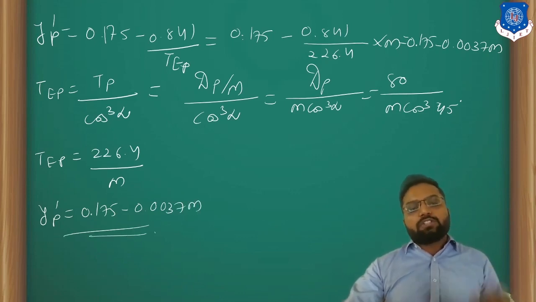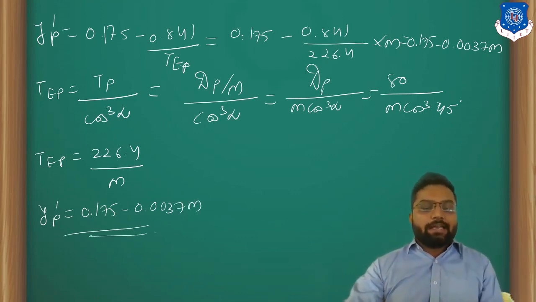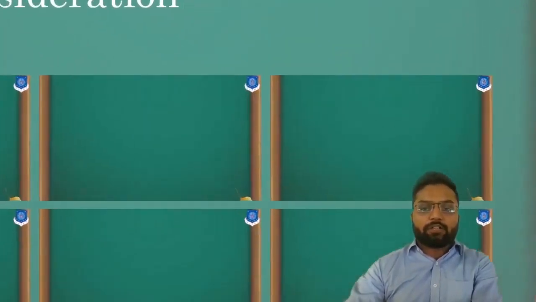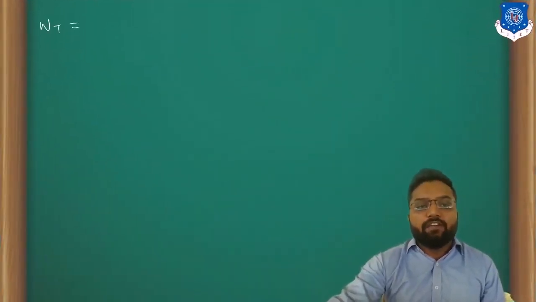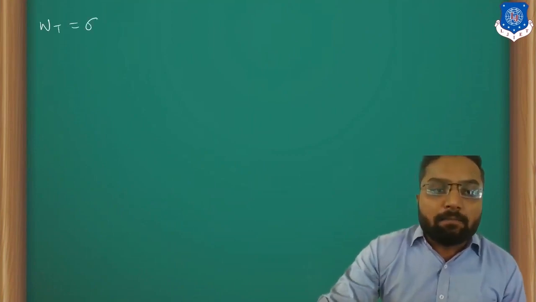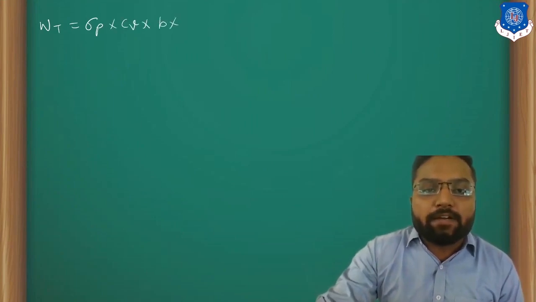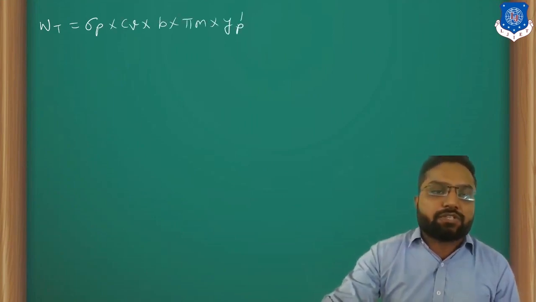Now we will put all these values in our WT. So let's find out our WT depending on this. So WT will be sigma P into CV into B into pi m into YP dash.